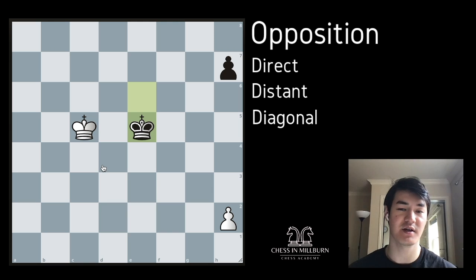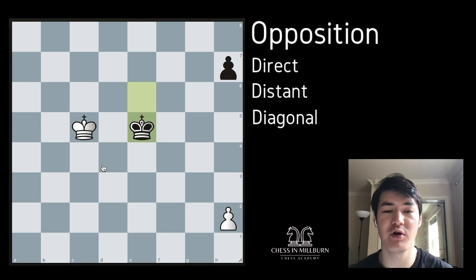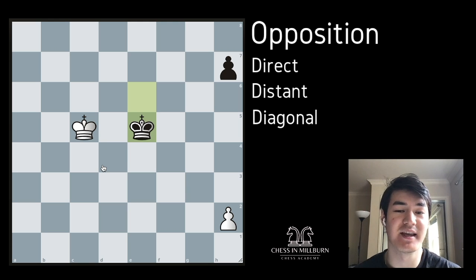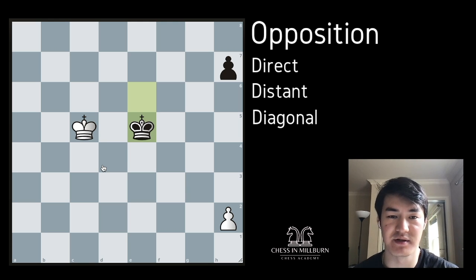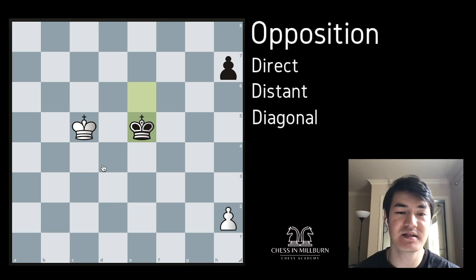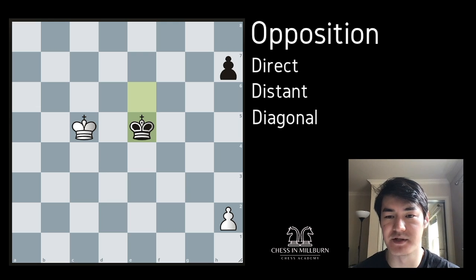There are two other types of oppositions as well, but the goal of those oppositions is to get into a direct opposition eventually. Let's talk about the diagonal opposition, for example.